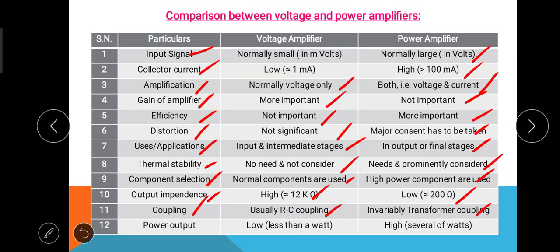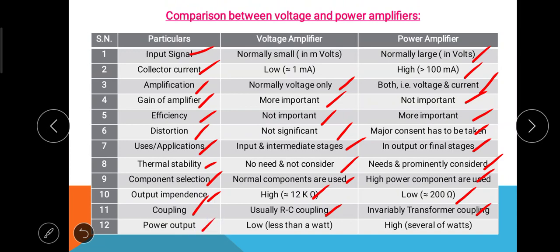And you might know that there is the maximum power transfer theorem, which states that the maximum power will transfer from input to output when the impedance of both stages gets matched, and particularly this transformer coupling matches the input and output impedance of the stages. That's why in power amplifiers transformer coupling is used.